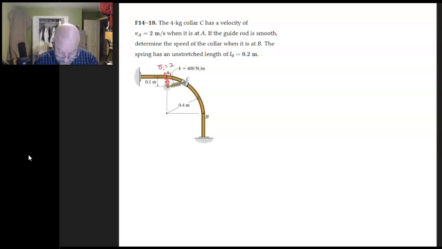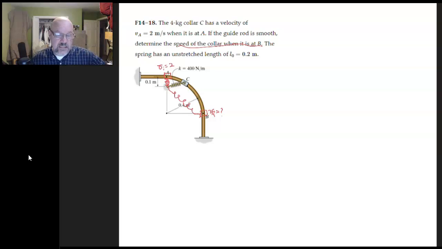And in the end, the collar gets all the way down here to B, and so that spring is stretched out sort of like this. What we're trying to find here is the speed at B. So that's what we want. V final is something. That's what we're after there.